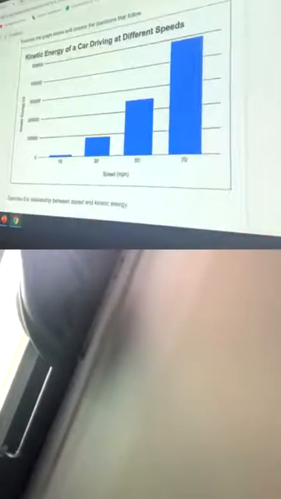Right here, we have a graph that talks about kinetic energy of a car driving at different speeds. And the key here is they want you all to describe the relationship between speed and kinetic energy. Remember, kinetic energy is measured in joules, and they already explained that within the packet.